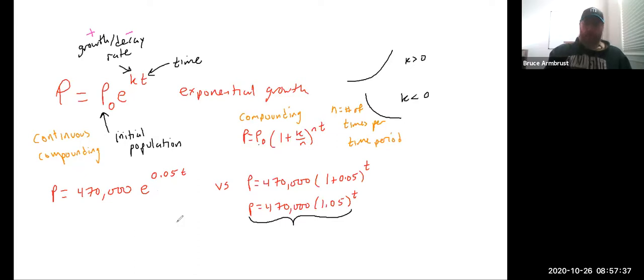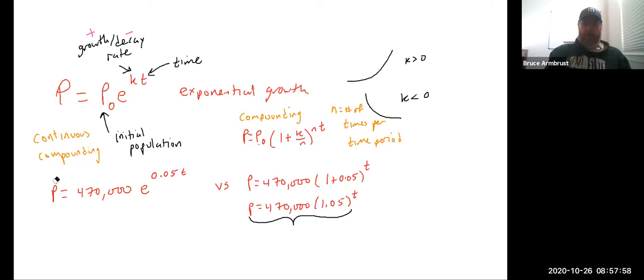All right, well, anyway, so we built our formula. Now we're ready to differentiate it. So I'm going to erase this stuff with the continuous compounding since that's not what we're using.